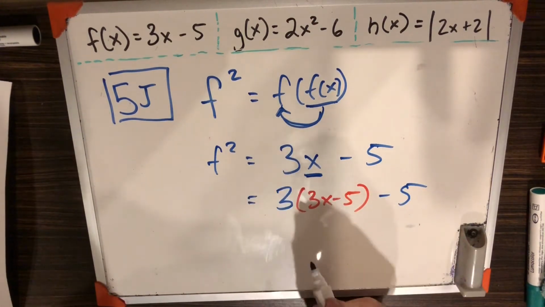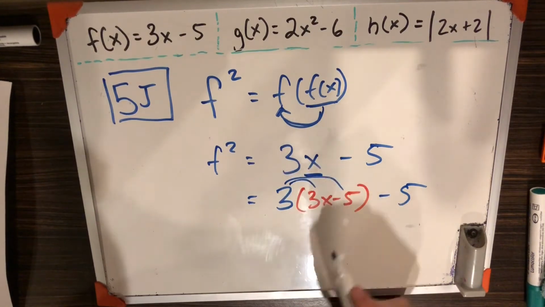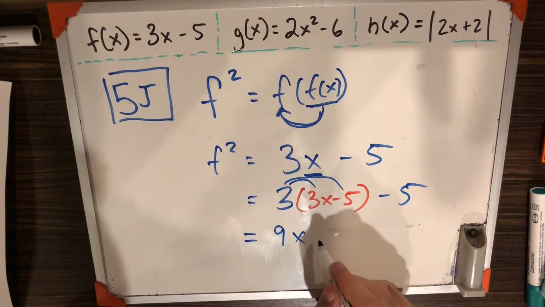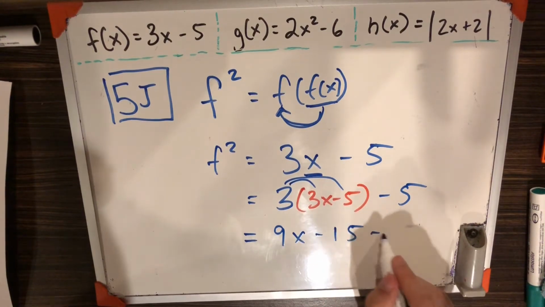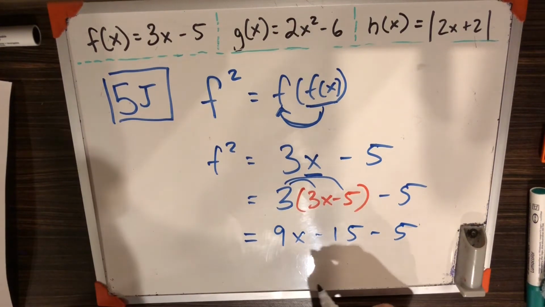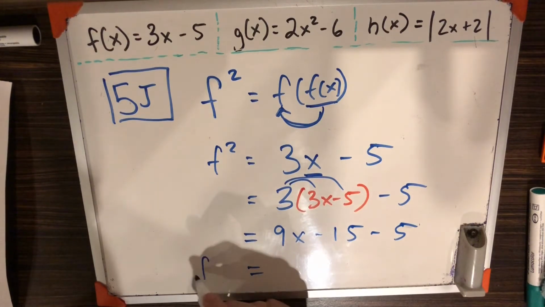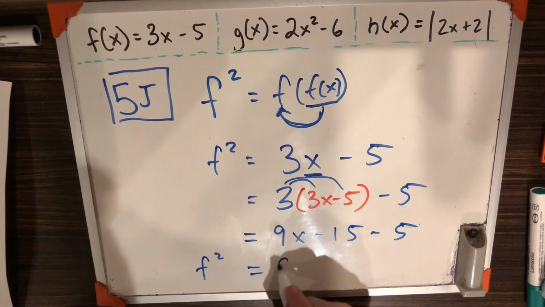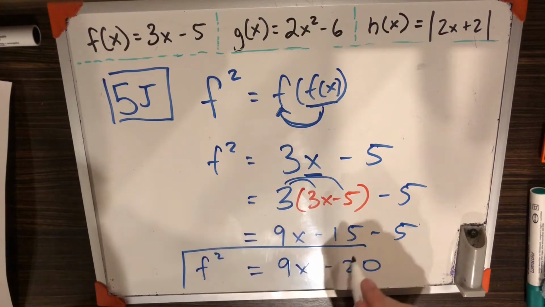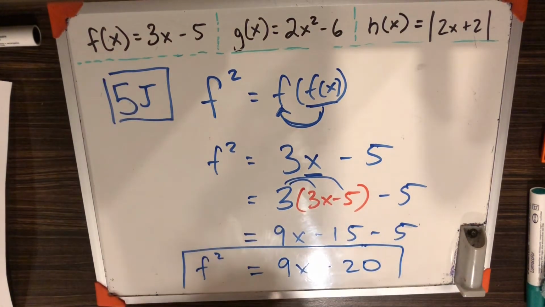Okay, all we've got to do is distribute. 3 times 3x minus 5 ends up being 9x minus 15 minus 5. So I know f of f is 9x minus 20. Okay, that's my final answer.